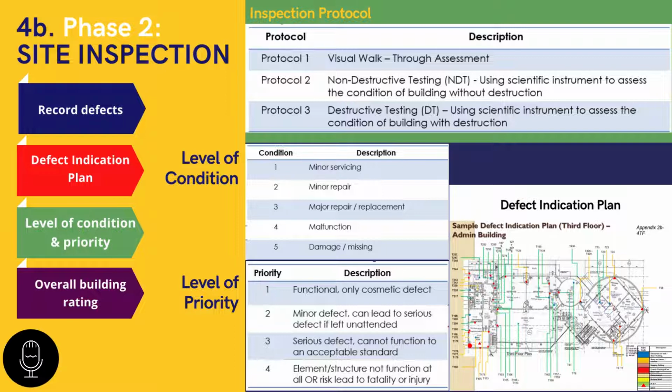After we record the defects, we have to tabulate the data into a defect indication plan. For the levels of condition and priority, we refer to the standard levels of condition and priority stipulated by RSM, and after all that we will get an overall building rating.